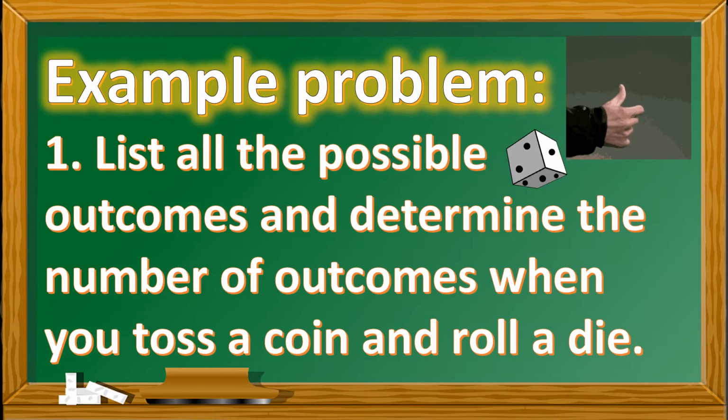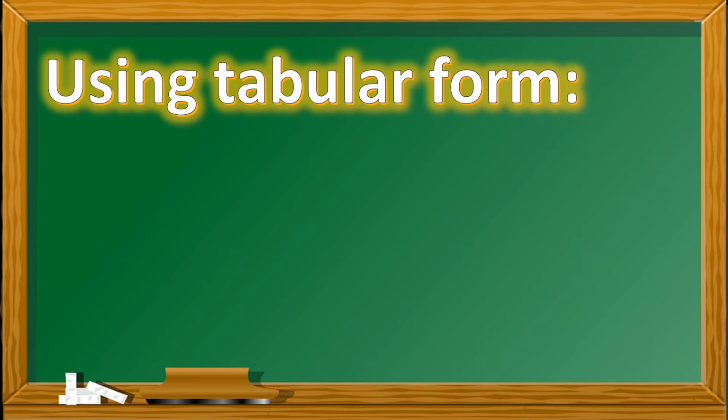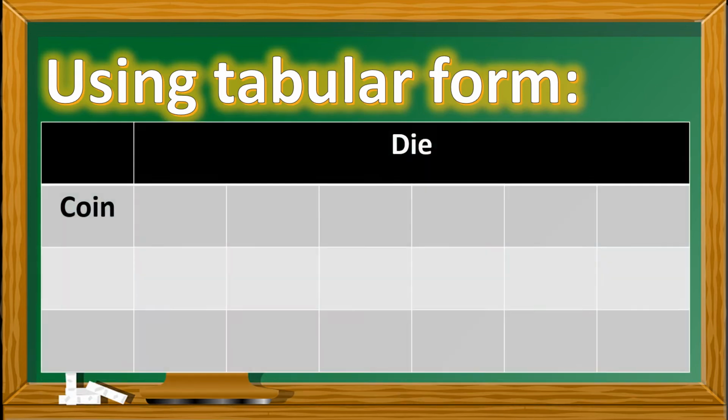Let's start with the first one, which is using the tabular form. We are talking about tossing a coin and rolling a die. Here we have the die, and here we have the coin. You can interchange these two, but in our case, we're going to use coin here and die for the other row. For the die, we have 6 faces, right?